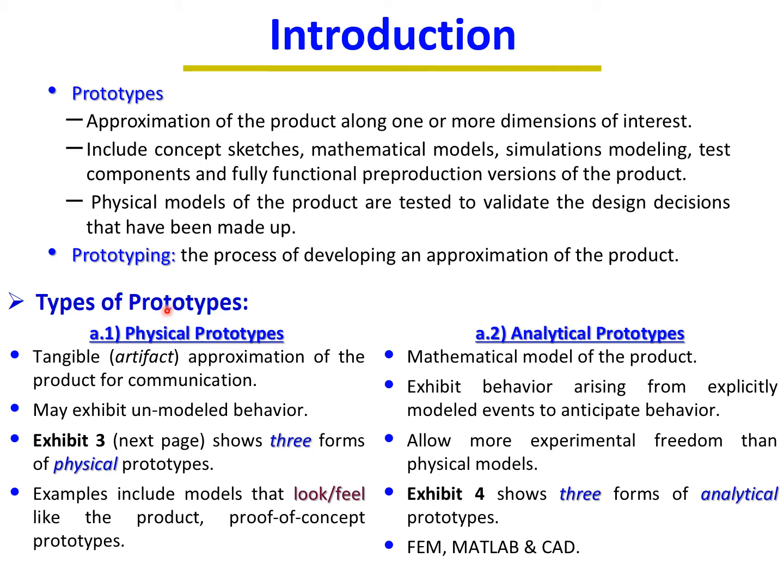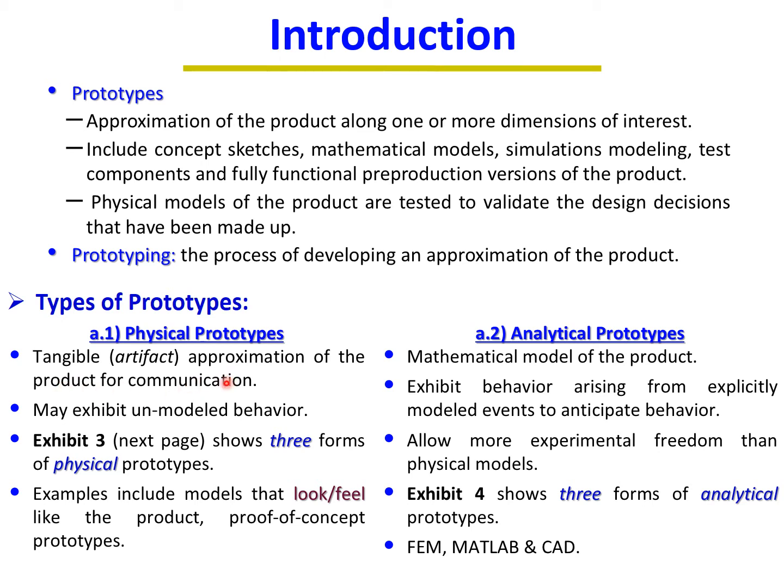What are the types of prototypes? One physical prototype, one analytical prototype. Physical prototype, you understand physical just like a physical model. It should be physically there. It is not just on paper or computer. So it is a tangible artifact. Artifact means something that you produce. It is a tangible approximation of the product for communication to the others, right?